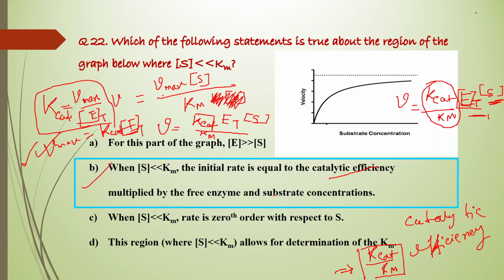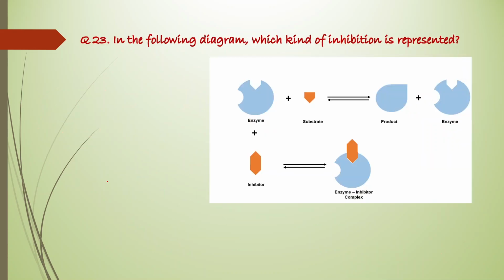Option B states that the initial rate is equal to the catalytic efficiency multiplied by free enzyme and substrate concentration. That is what we are getting from this equation. So our correct option is option B. Okay, I hope this is clear. Moving to the next one.